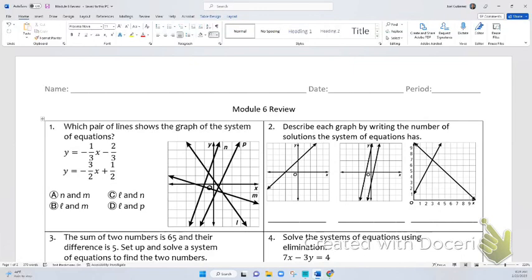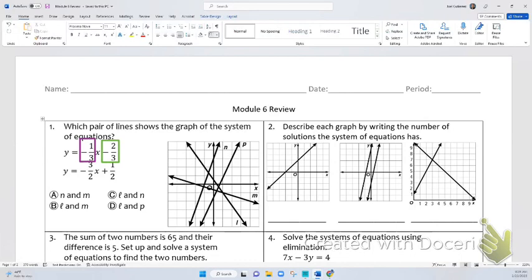A reminder again that the number in front of the x is going to be our m. I'll put it here in purple. And then in green, I'll show you the b, which is the starting point, right? So the starting point is at negative 2/3, so our line has to hit the y-axis on the negative side.